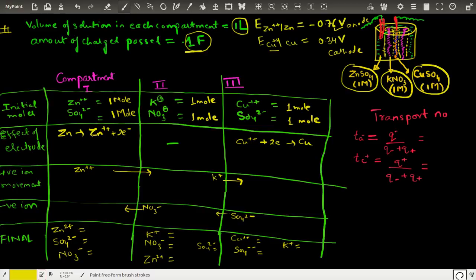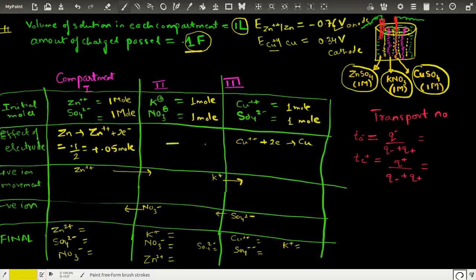Now zinc being divalent, the amount of equivalence would be 0.1 equivalent, but if we talk in terms of number of moles, the amount of zinc that has come into the solution would be number of equivalents, which is 0.1, divided by the valency, which is 2. So effectively this is plus, an addition of 0.05 mole in compartment 1 as far as the zinc is concerned.